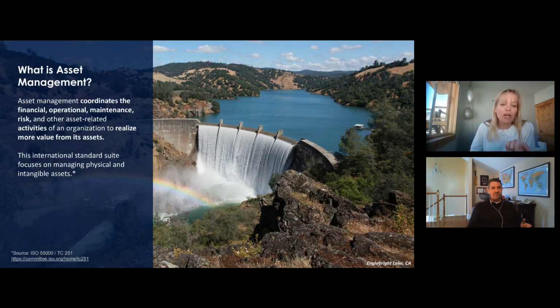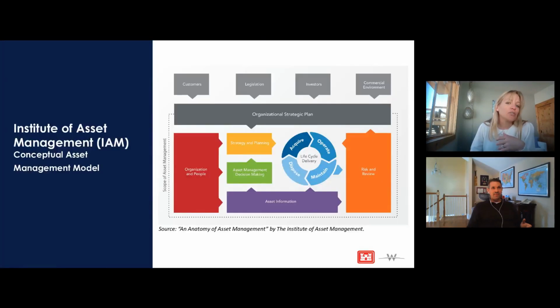Specific to the federal market, the implementation of AM concepts has been very much encouraged since 2004, when an executive order was published for federal real property asset management, and that just encouraged the efficient and economical use of America's real property assets. That's a little bit of background, and to go in a little bit further in the next slide, the Institute of Asset Management is one of the leading professional organizations for asset management.